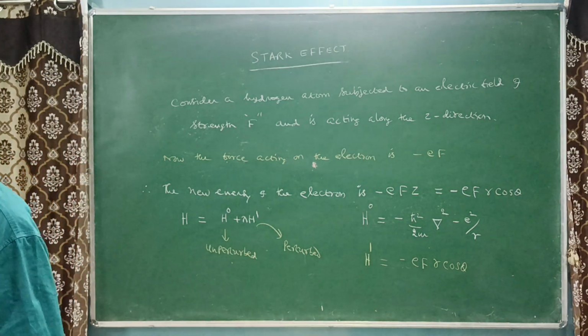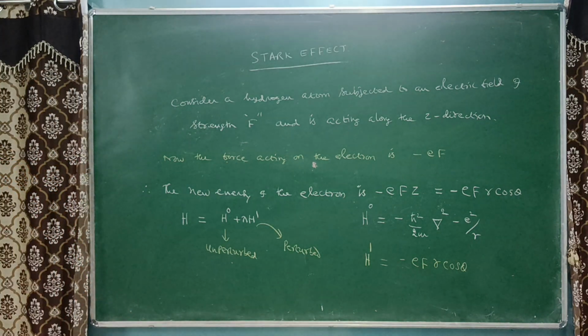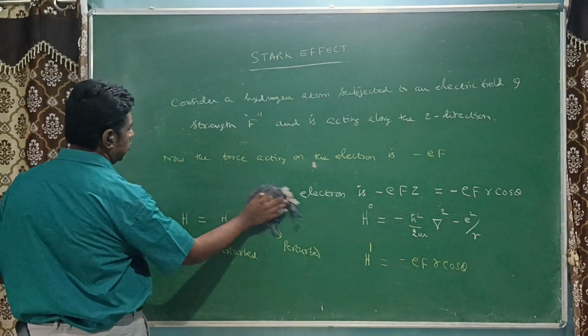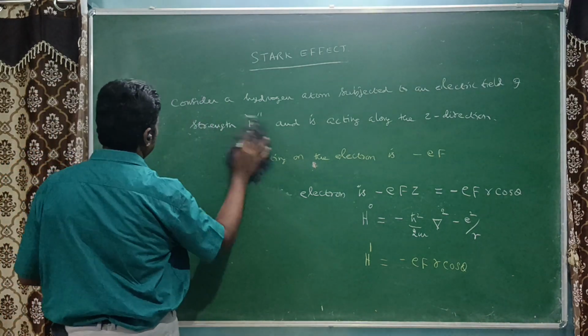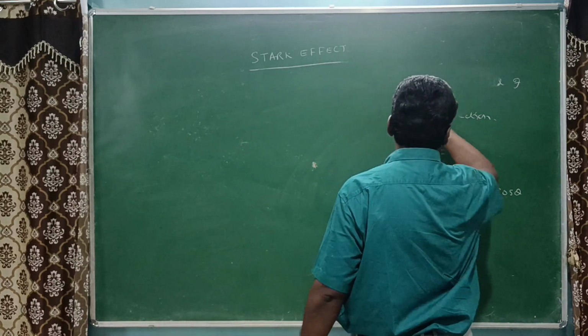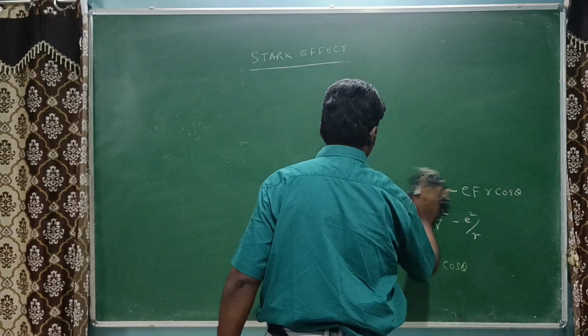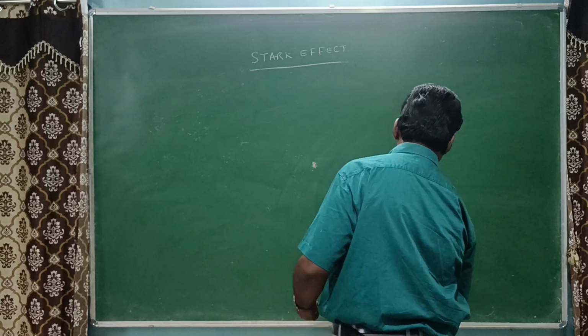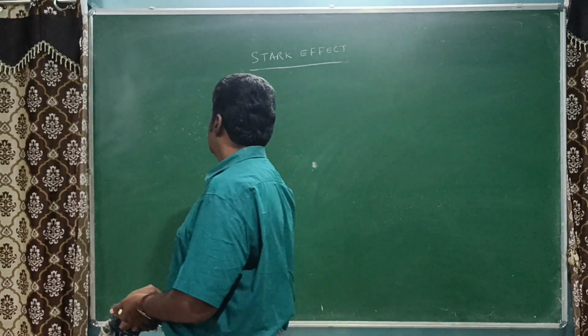If you place the hydrogen atom in an electric field, the energy is changed. According to the theory of perturbation, the first order energy correction is given by the formula, the expectation value of H1.